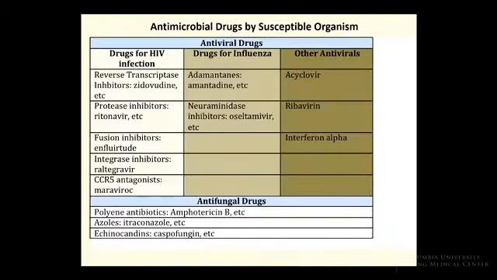We also have a group of antiviral drugs. Antiviral drugs treat viral infections. So there's a whole list of drugs that treat HIV. Okay? There are drugs that are used to treat influenza, drugs that are used to treat other viral infections. Okay?